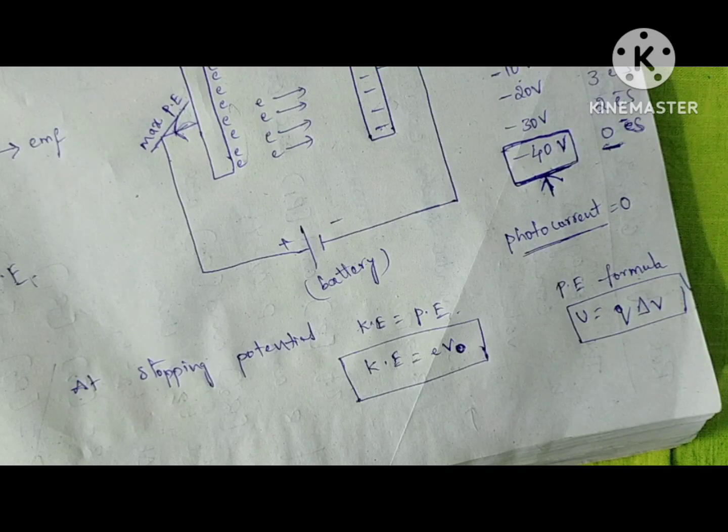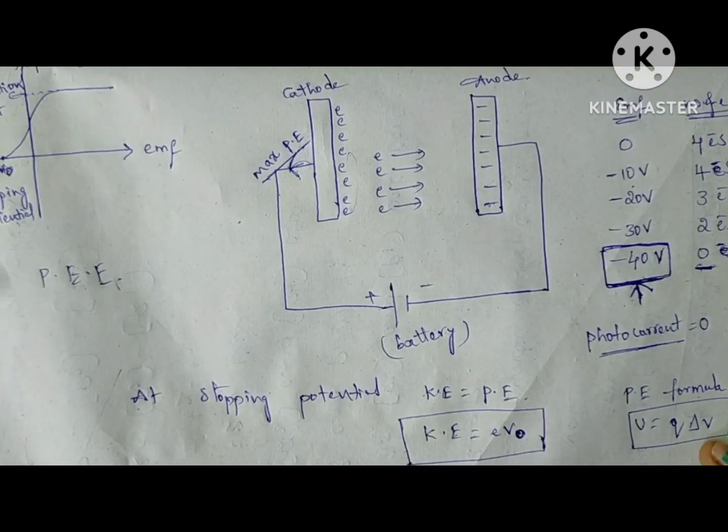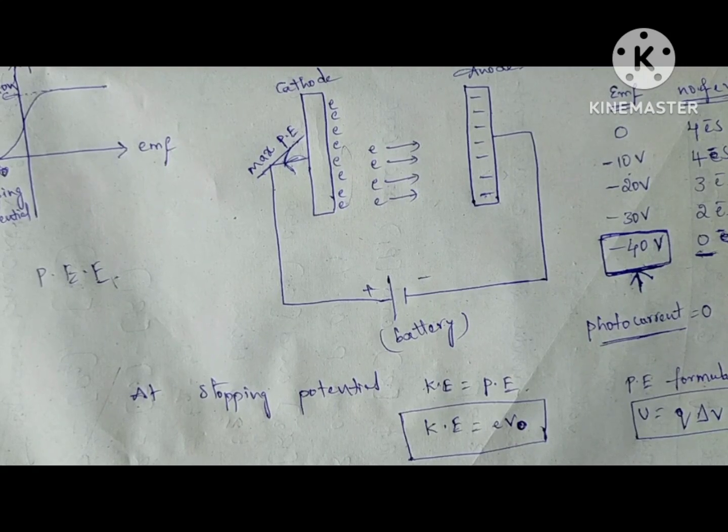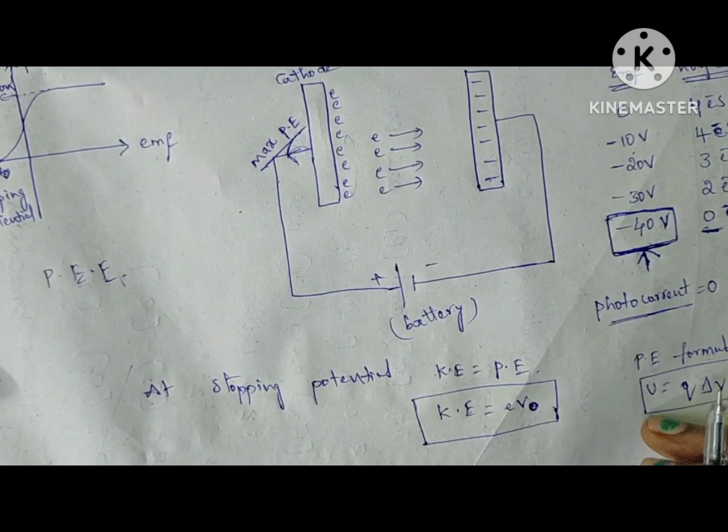Do you know what is potential energy? We already know what is potential energy and what is kinetic energy. Let me know in the comments what is potential energy and what is kinetic energy.